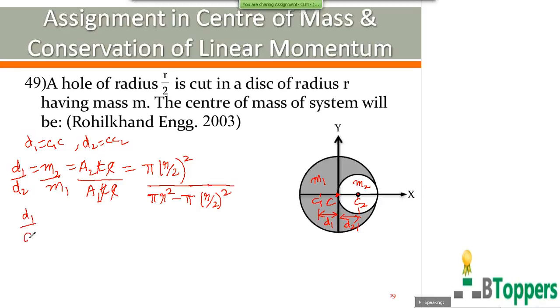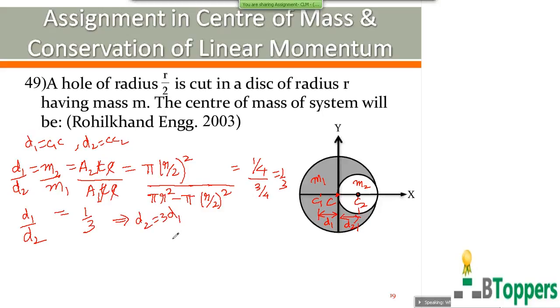So you get d1 by d2. You can cancel pi here, and r square gets cancelled here. 1 by 4 divided by 3 by 4, or 1 by 3, you get. So d1 by d2 is 1 by 3, so d2 is 3 times d1.